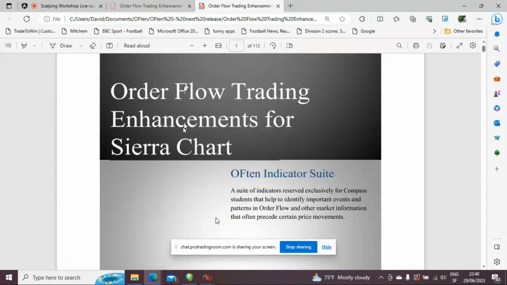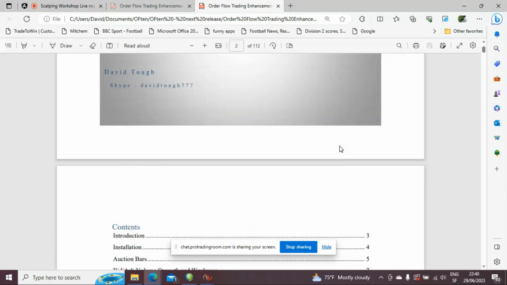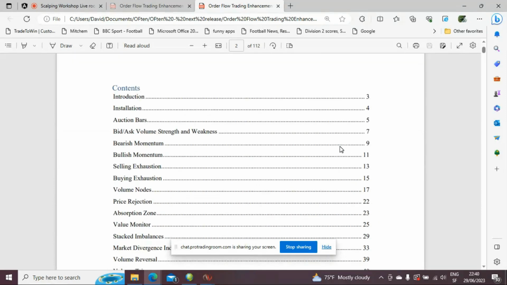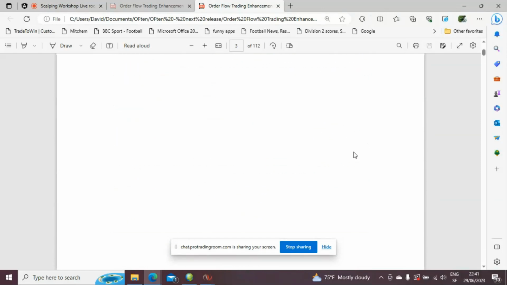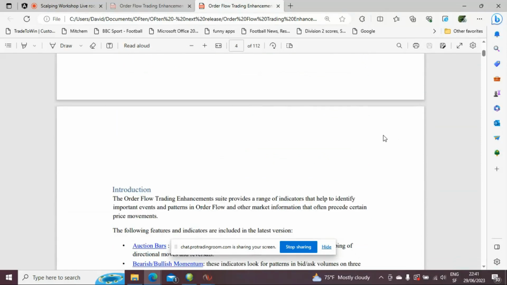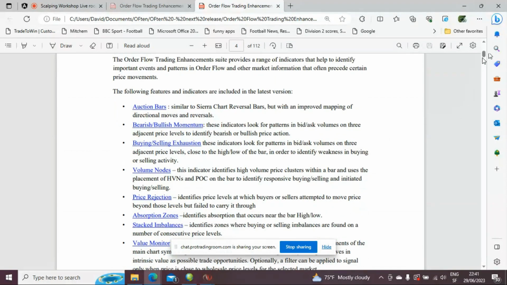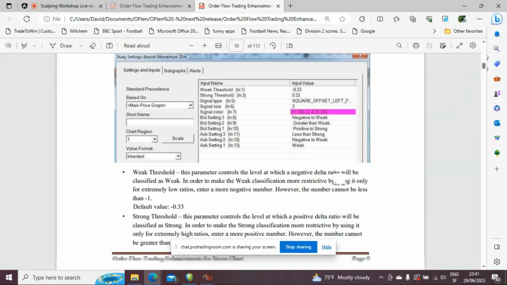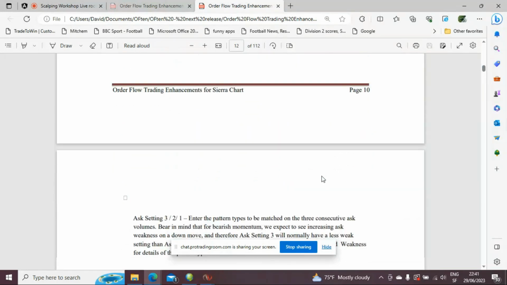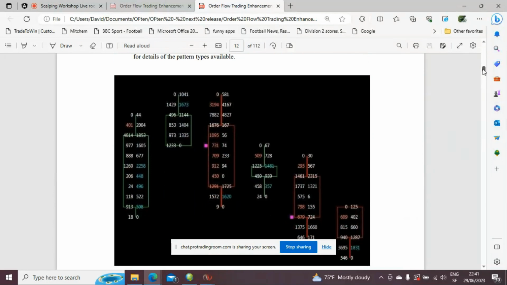Just while we're waiting for Kim to turn up, I thought I'd give people who haven't seen it before a view of the sort of documentation that comes with the suite. As you can see, there's a large number of indicators, over 100 pages in the document. After a brief introduction to what each indicator is all about, it goes into detail, giving you the settings for each of the parameters, a description of those, and some examples of the indicator in action.